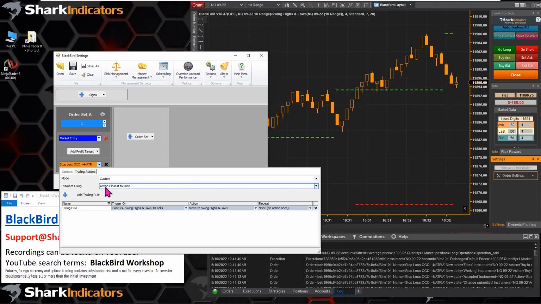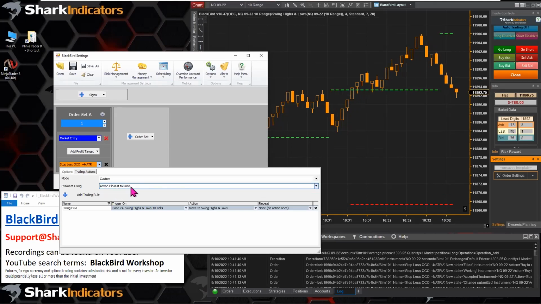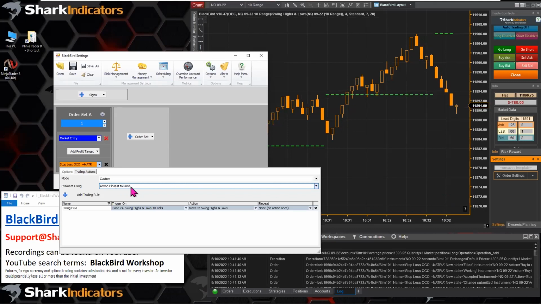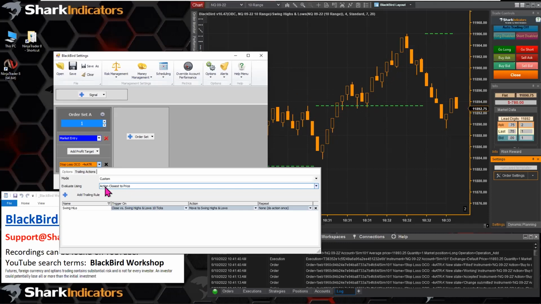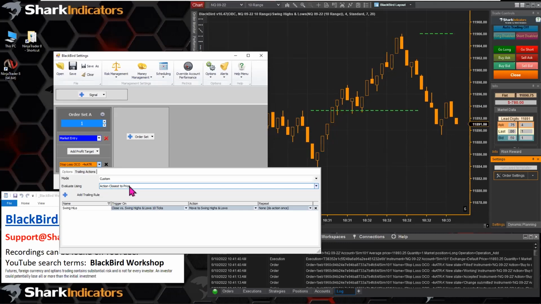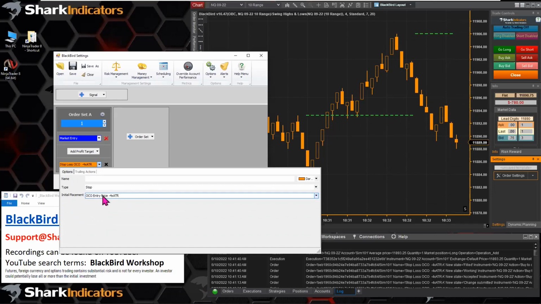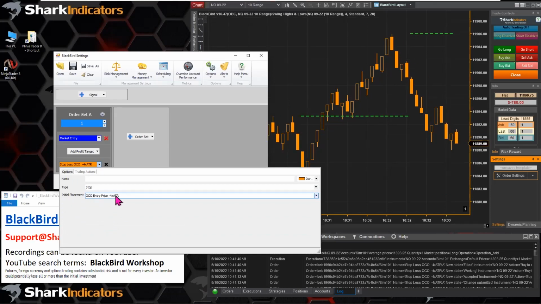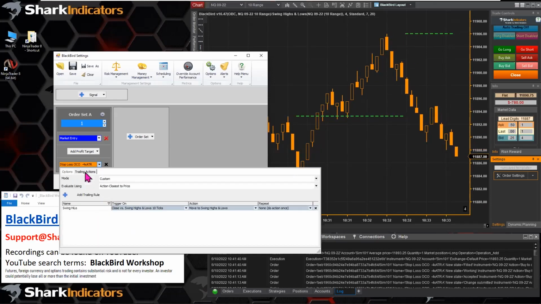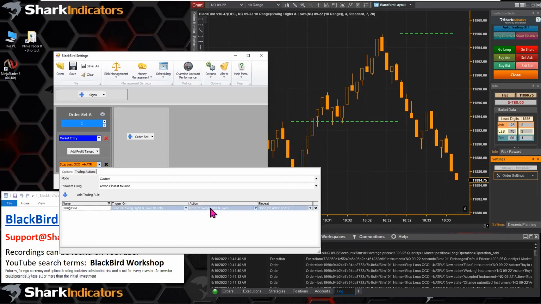So the action closest to price is the default behavior for stop losses. Since the action is set to closest to price, what that means is BlackBird is going to look at where the stop loss currently is, which is at this 4 ATR price, and then BlackBird's going to evaluate this trailing rule.